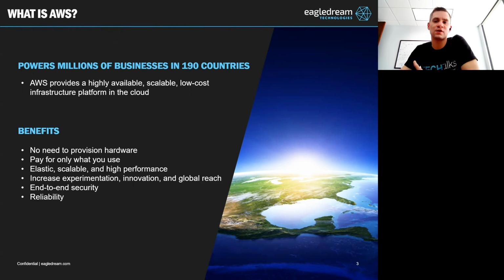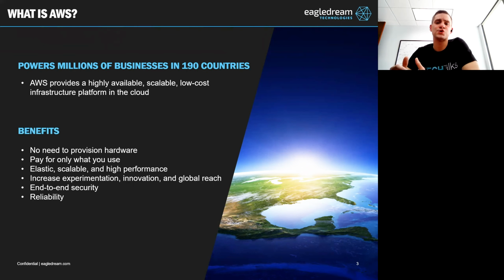So for example, I think one of the most important benefits is the fact that anybody that uses AWS does not need to provision any infrastructure, no hardware to provision. So you can get started spinning up systems, building applications immediately in the cloud, and not have to worry about anything around provisioning hardware, storage, power, cooling. These are things that AWS takes care of for you, so you don't have to worry about it.